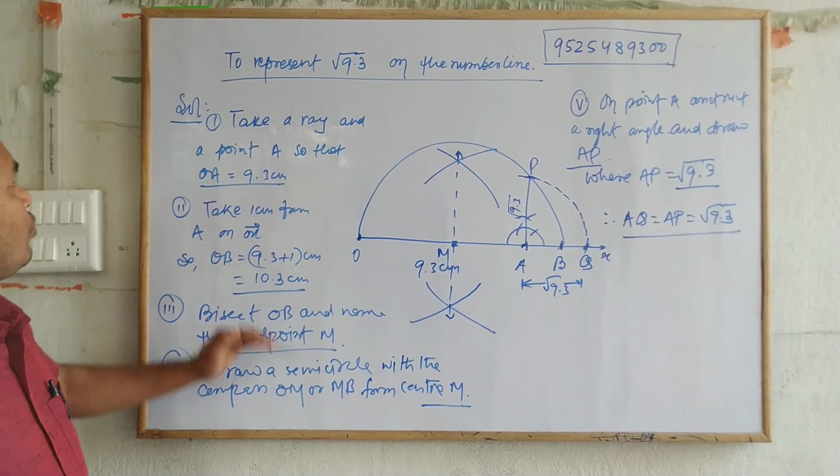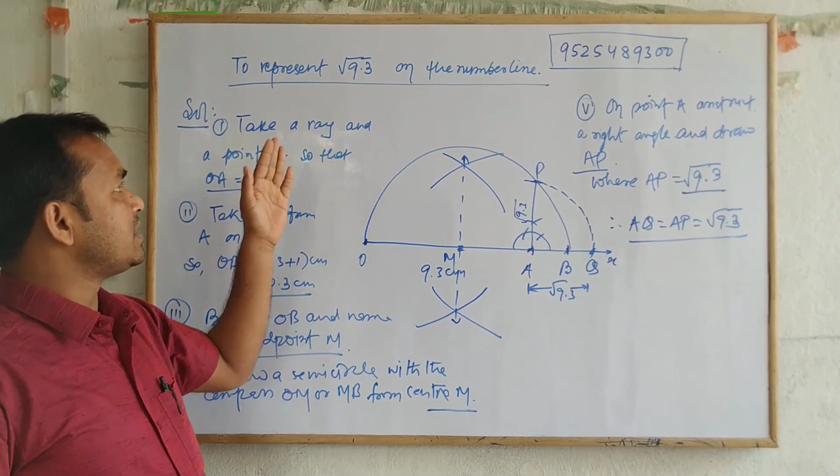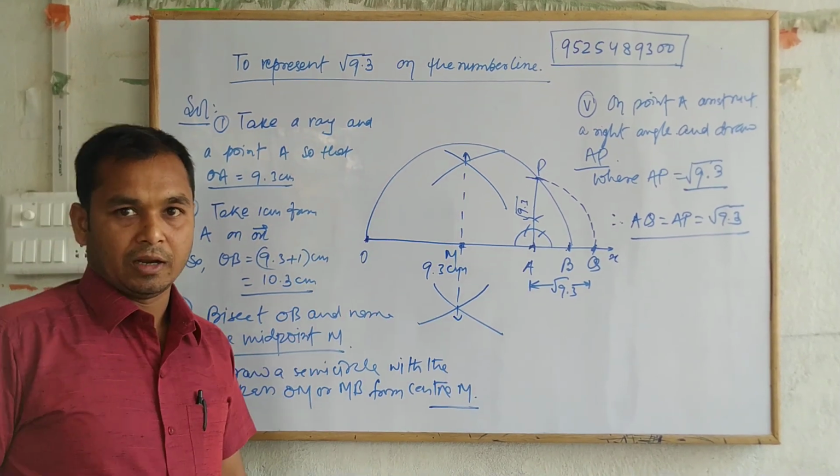So in this way we can represent irrational numbers in decimal form on the number line.